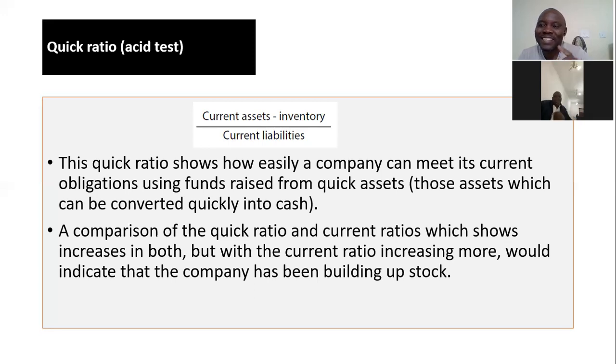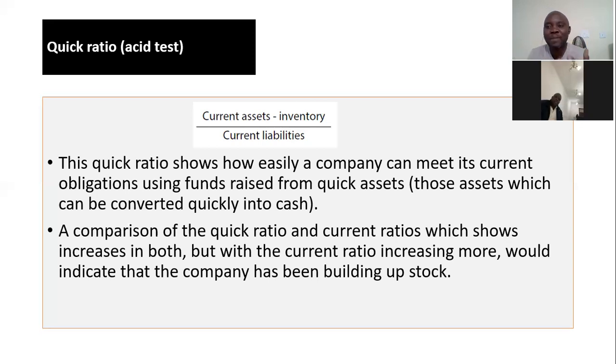But in the corporate world, when you do this analysis, you may find a situation where you believe it's very difficult to extract cash from your receivables after you've analyzed the trend. So you can remove receivables from your current assets because you believe receivables are also becoming a problem. You cannot easily convert them into liquidity. But in this case, for your exam purposes, just remove inventory.